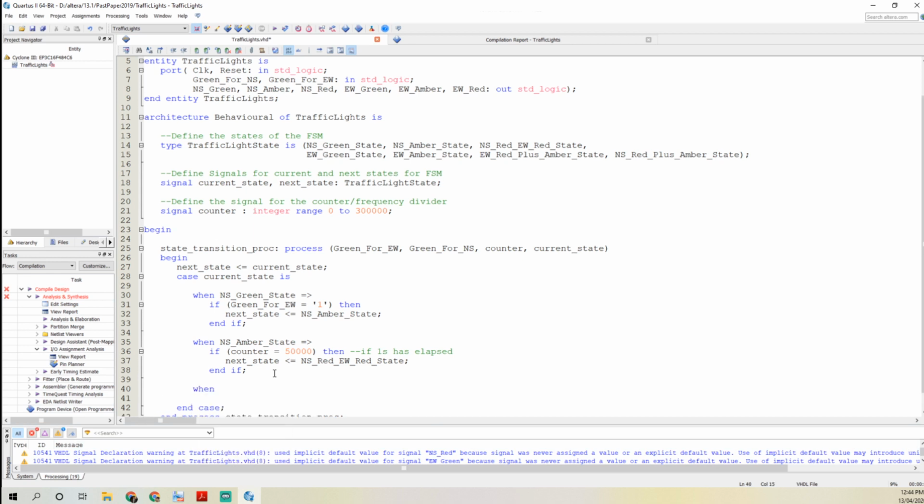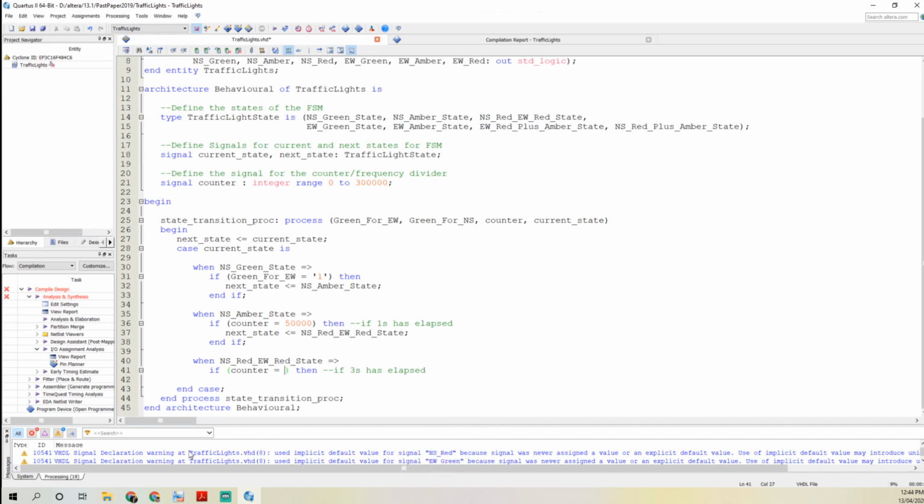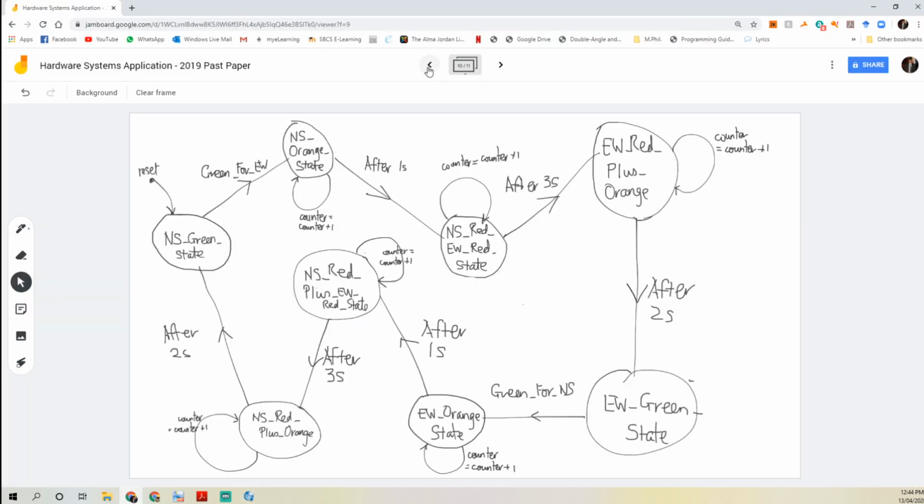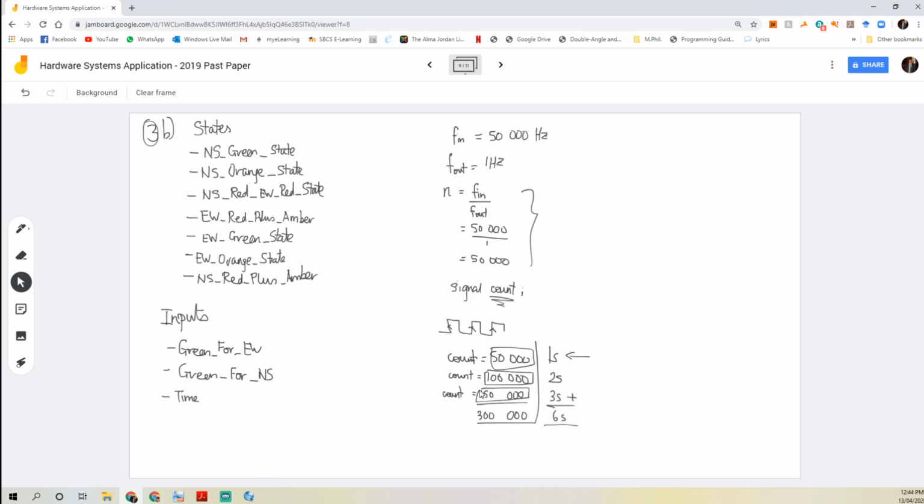So in the case of when current state is equal to north-south red, east-west red state, I need to look at if 3 seconds has elapsed. Right? For 3 seconds passing, I know that that corresponds to a count value of 150,000.